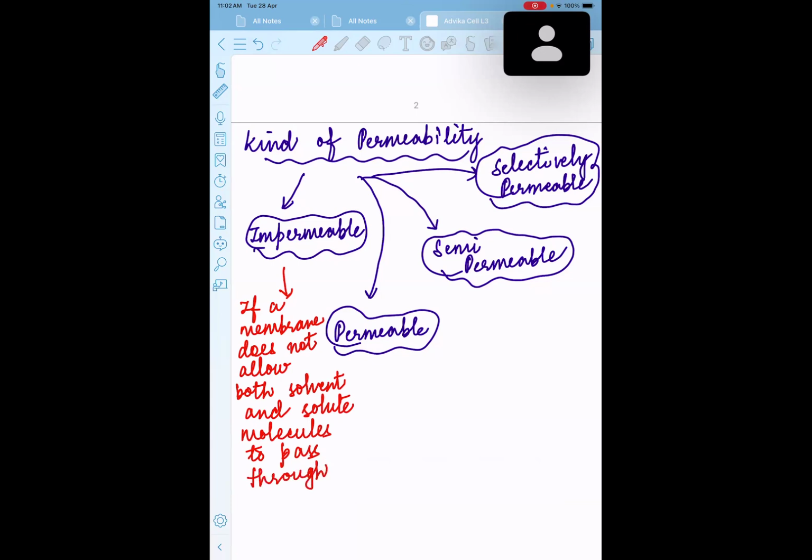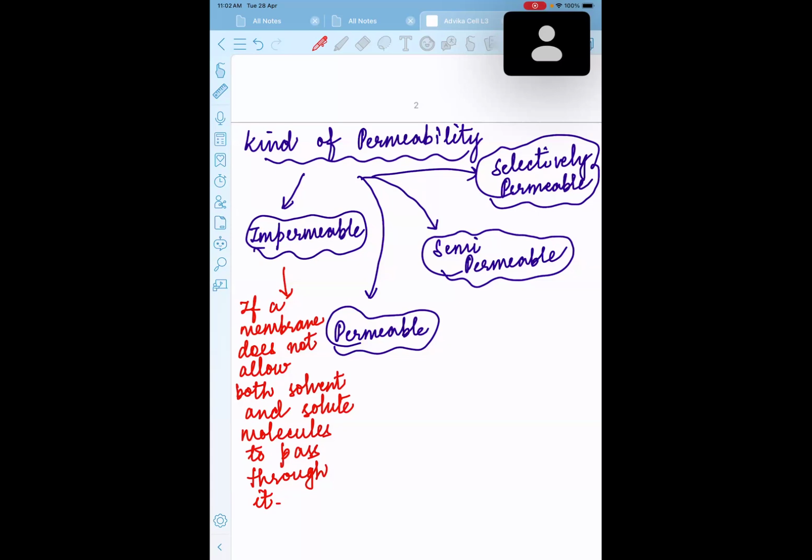Correct. I can explain it in simple words. In a simple example, suppose I'm taking water, and in the water I mix something. That is the solute. Water is the solvent in which I am going to mix anything, and the component which gets mixed is called the solute.